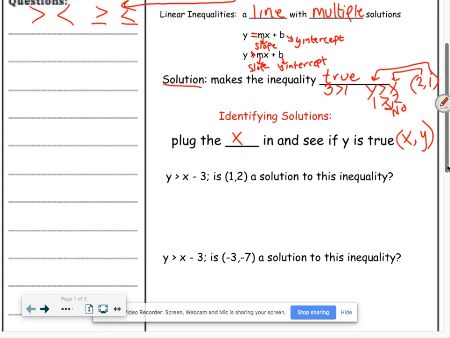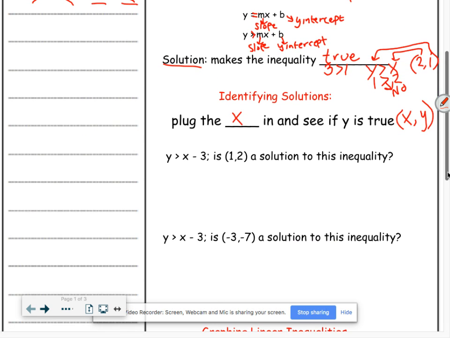Okay. So the first linear inequality we have is y is greater than x minus 3. The semicolon means that we're going to see if the next thing is a true statement with that inequality. So I want to know, is (1, 2) a solution to this inequality? That means, does it make it true? Remember, we go x, y. So my x has to go to the x, my y needs to go to the y, and then you just plug it in and see if it's true.